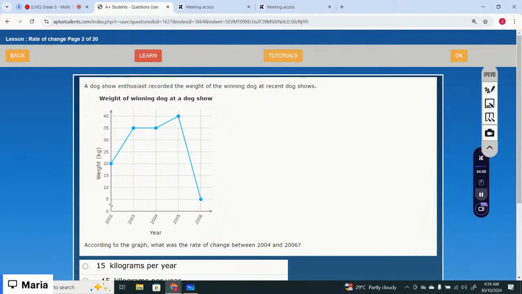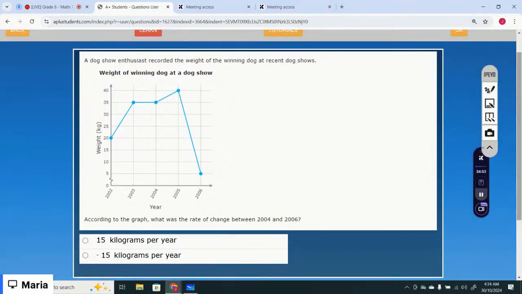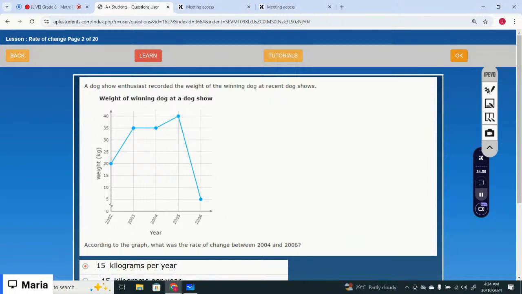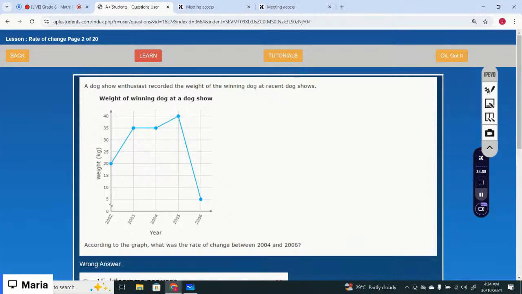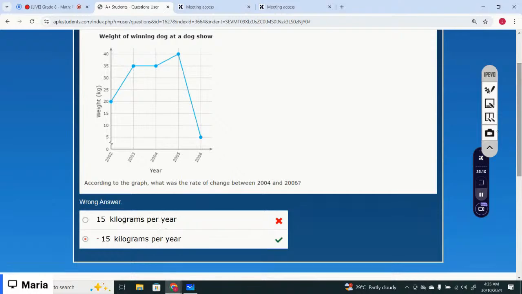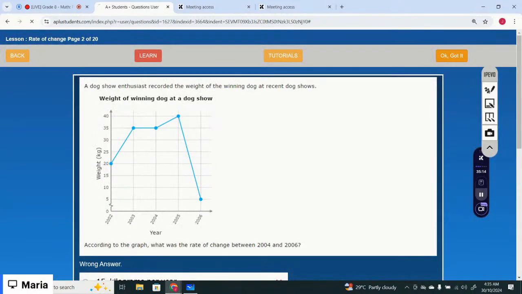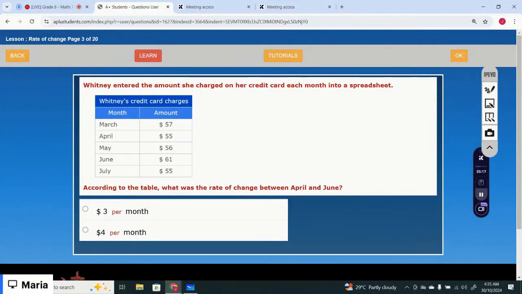That is option number one, 15 kilogram per year. Option number one is the correct option. -15. Okay, yes, that is -15. Sorry. Option two is the correct option, not one.